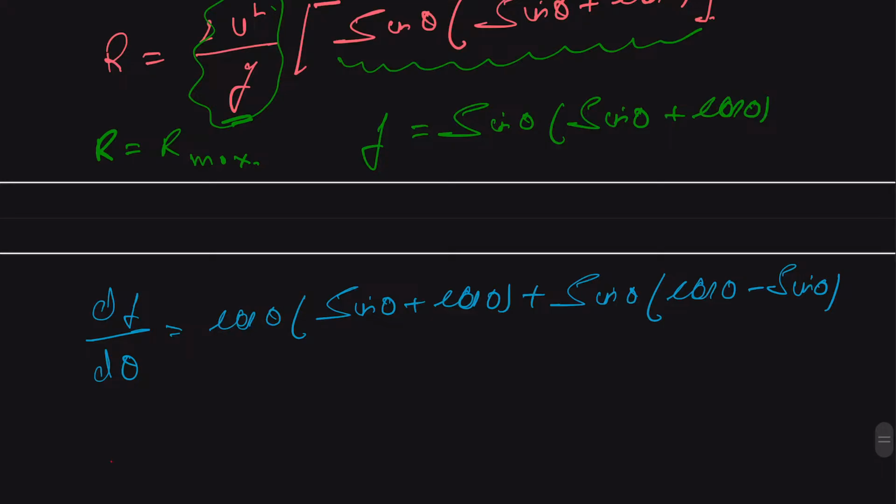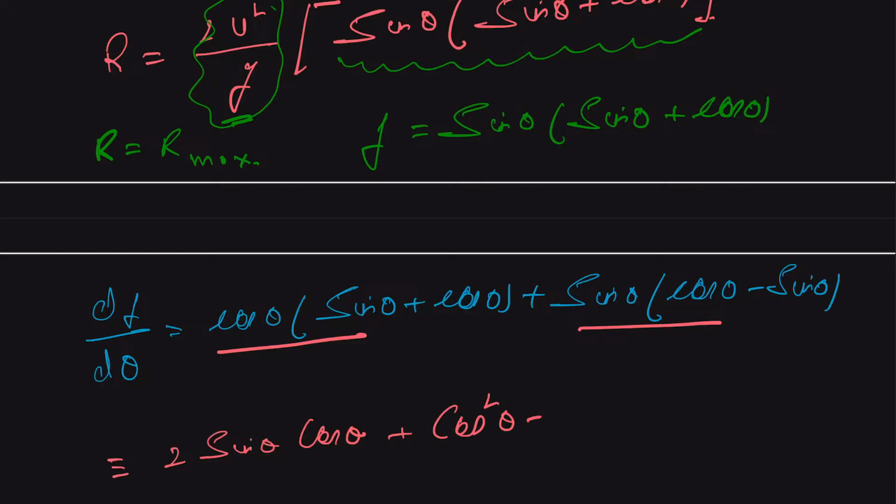So this is quite simple to solve now, and we are going to get sin cos and sin cos, that is 2 sin theta cos theta, plus cos square theta minus sin square theta.